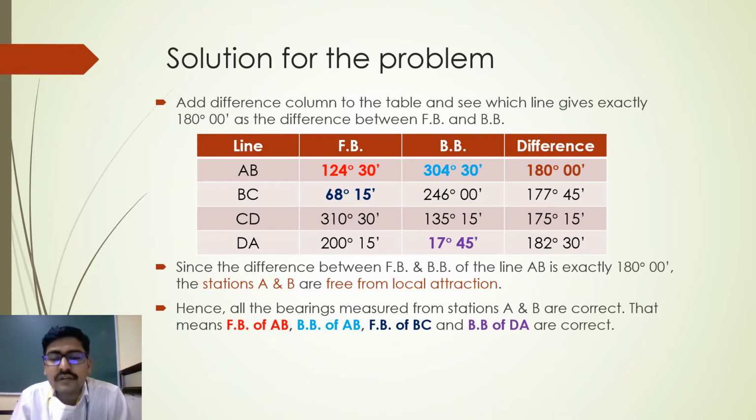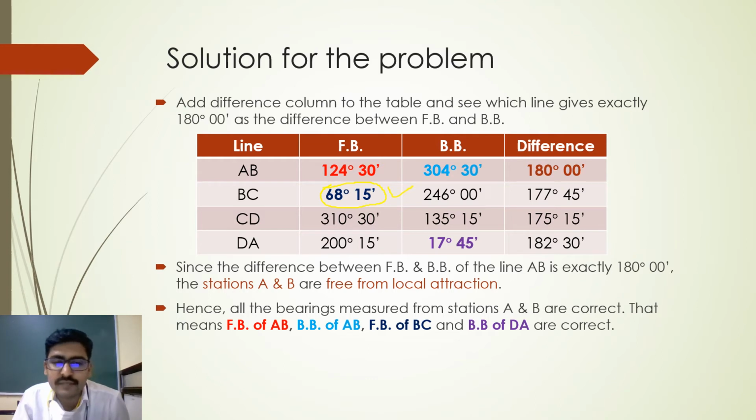Now along with these two bearings, there are a few more bearings which are observed from stations A and B. Which are those? Forward bearing of line BC. This forward bearing of line BC is also measured from station B, and station B is free from local attraction. So this bearing is also a correct bearing.